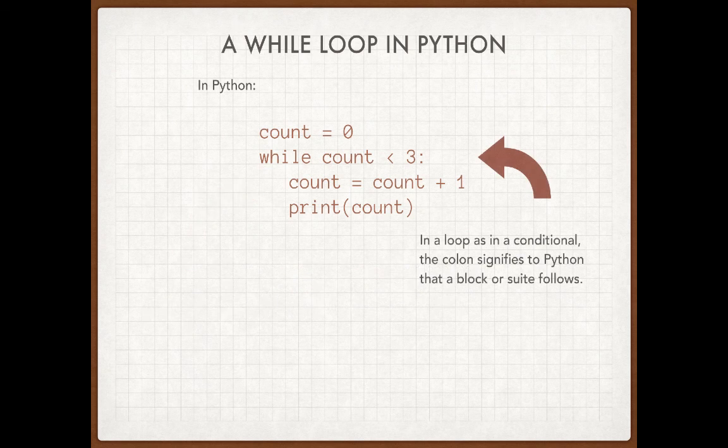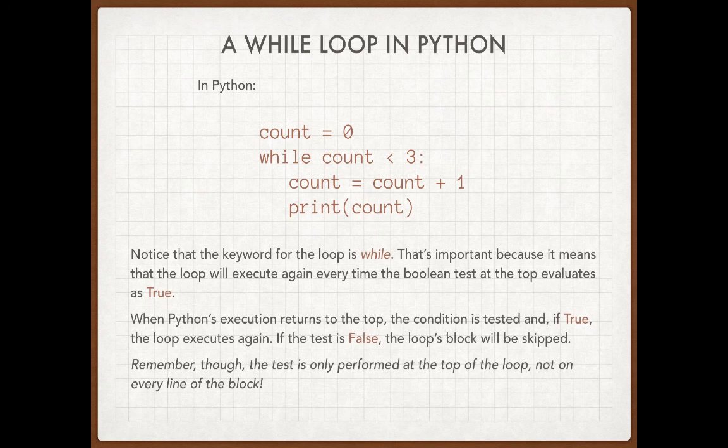And again, just like in the conditional, the colon is the clue to Python that signals that a block or a suite is following. Here, the key word for our loop is while. So as long as that Boolean test evaluates to true, as long as count is less than 3, we will continue to execute that block.